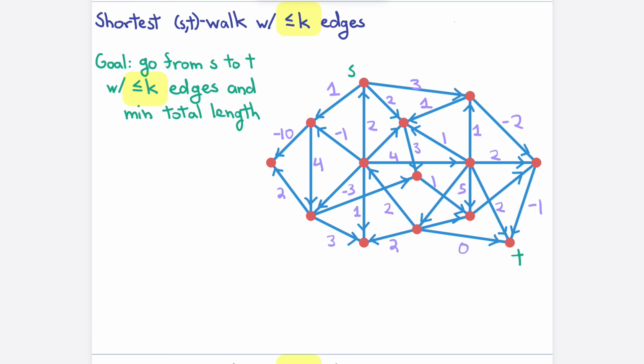So I'm just going to add this parameter, which lifts above whatever knots are in our head thinking about negative cycles and weird things like this. First just focus on this problem: going from S to T with at most K edges with minimum total length, which may be positive infinity to start. And you might find that we come close to whatever you had been exposed to in 251, but I'm going to have maybe a different perspective.